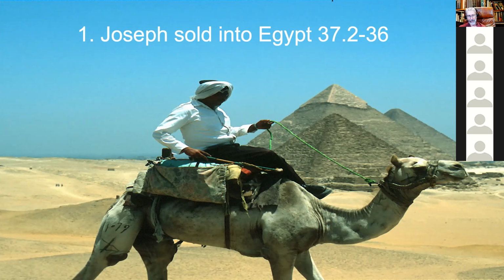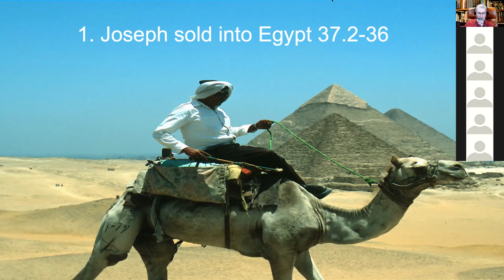Verse 12 takes us the next step in this story. His brothers went to pasture their father's flock near Shechem. I'm not going to take time to draw you a map here, but let's say that Jacob and the family are set up. Their tents are pitched near Hebron, which is at the south end of the central mountain spine on a road that we call the Patriarchal Highway.